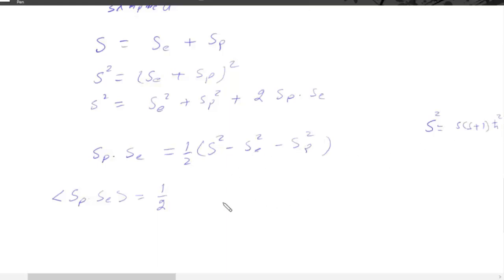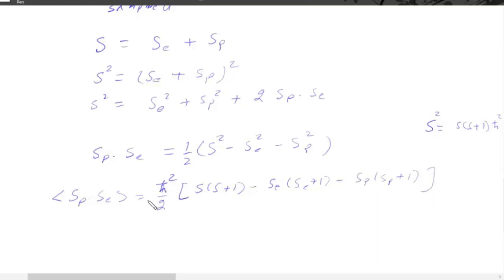Okay, then we take ħ² common. Okay, then we write for S it is s(s+1), then for the electron, the spin of the electron is s_e(s_e+1) minus for the proton s_p(s_p+1). Okay, ħ² is common.